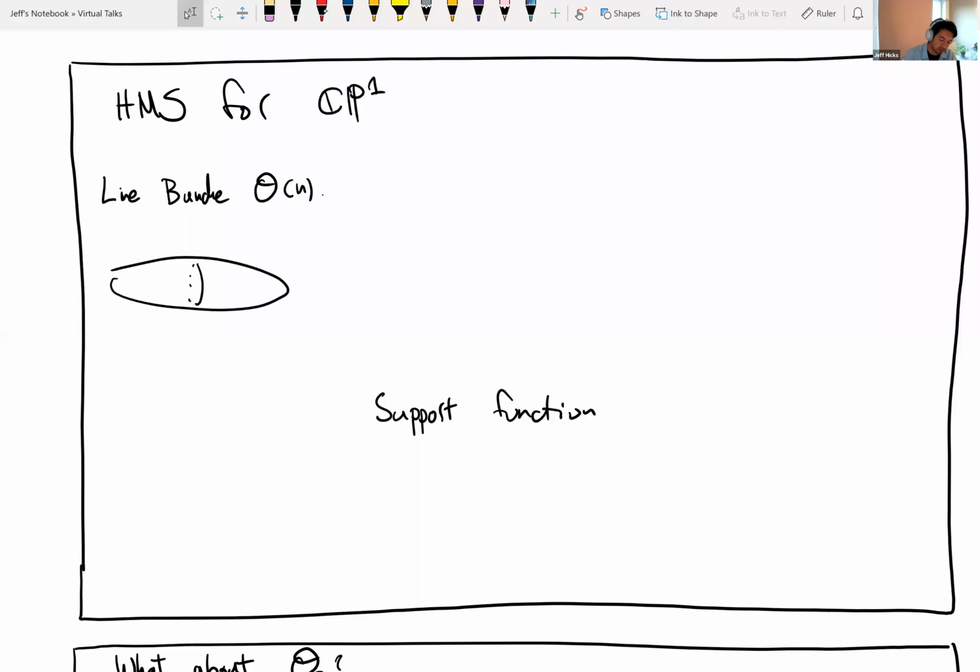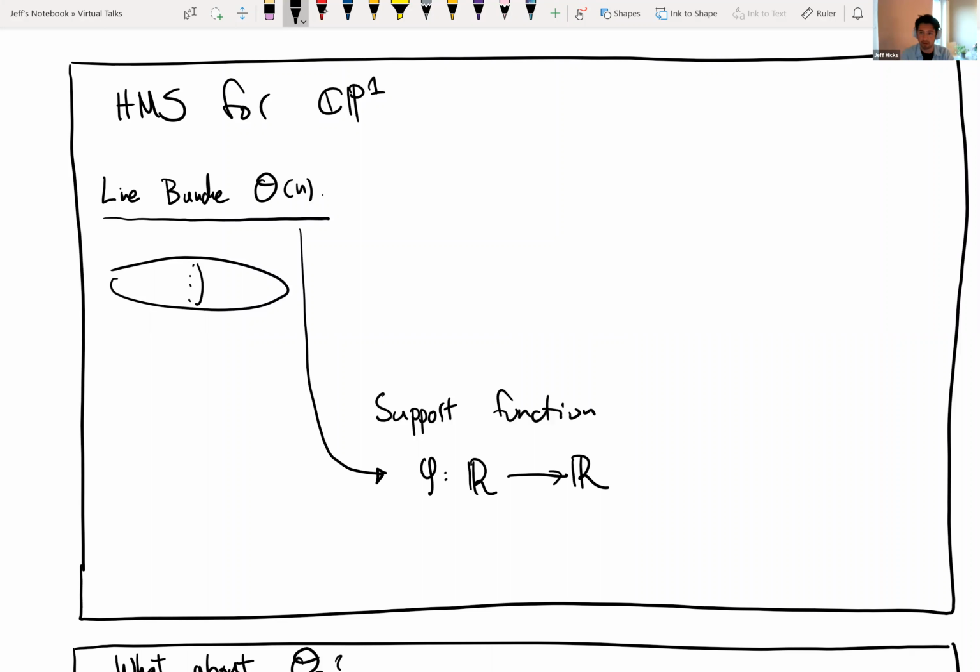Okay, so let me then describe the entire homological mirror symmetry for CP1. So start with a line bundle, O(n). This gives me the data of a support function, phi from R to R, which is a piecewise linear function, which is 0 mostly, and then has a component of slope n.